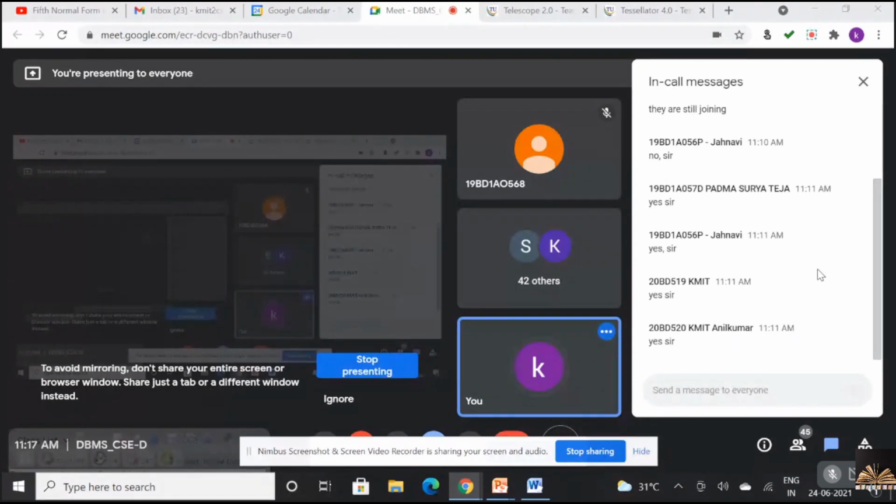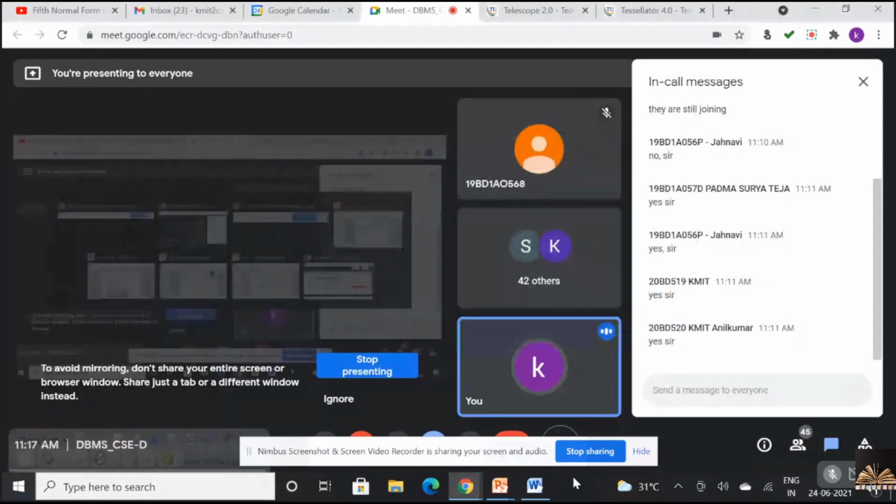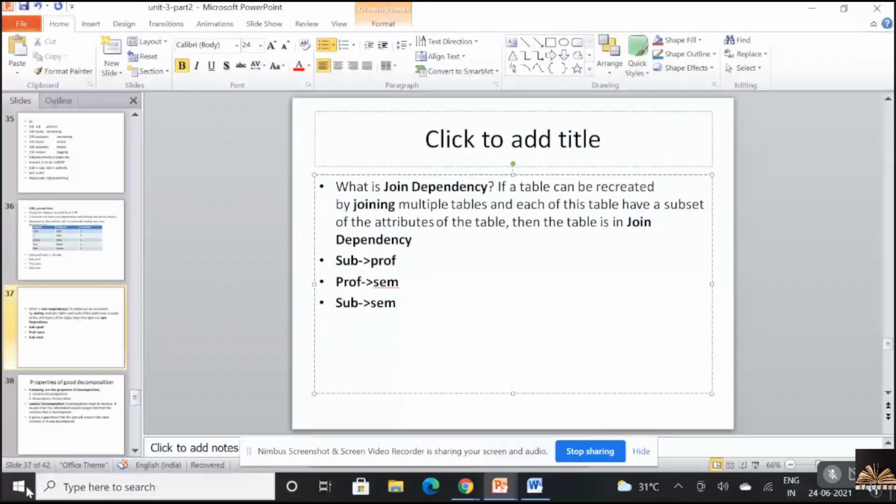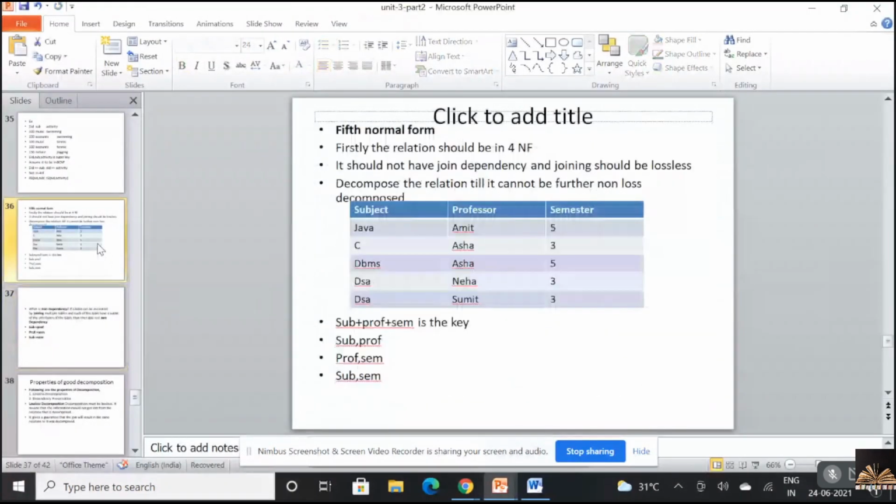Along with that, one more condition needs to be satisfied: it should not have joint dependency, and joining should be lossless.